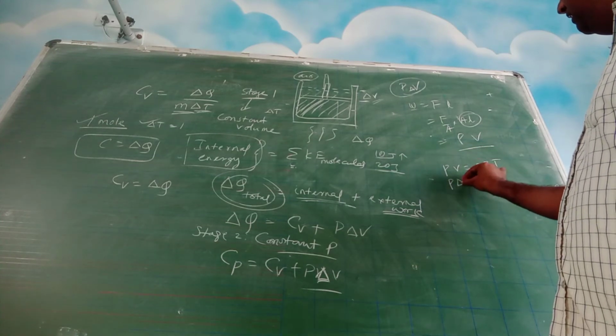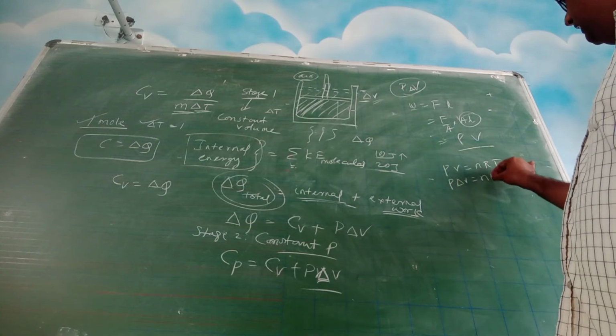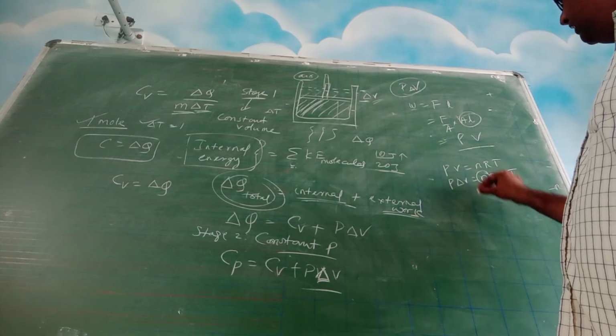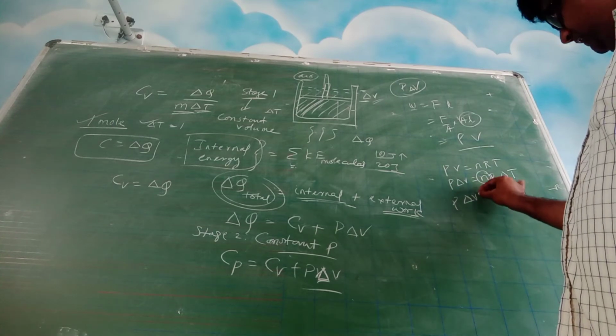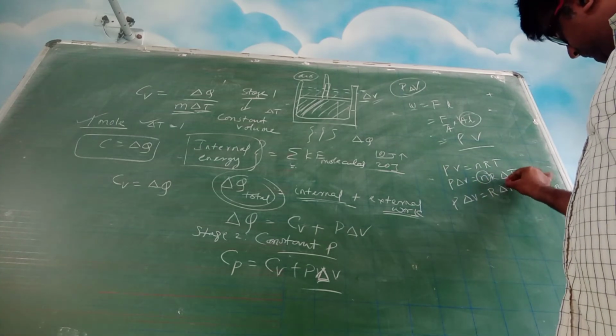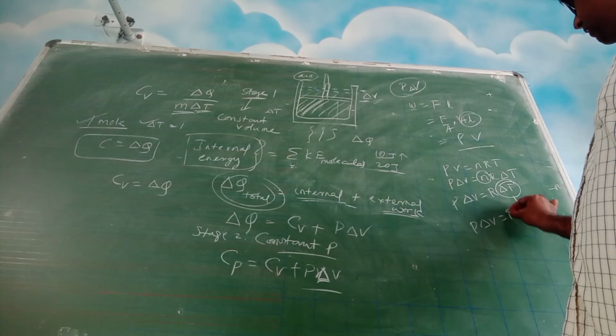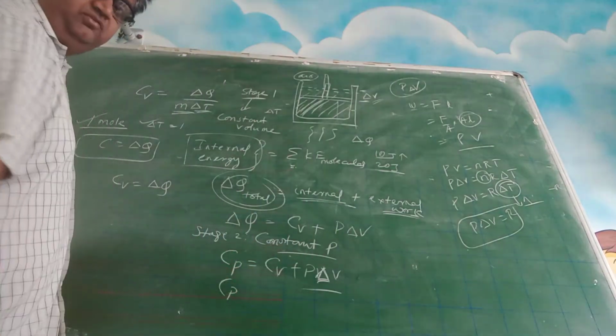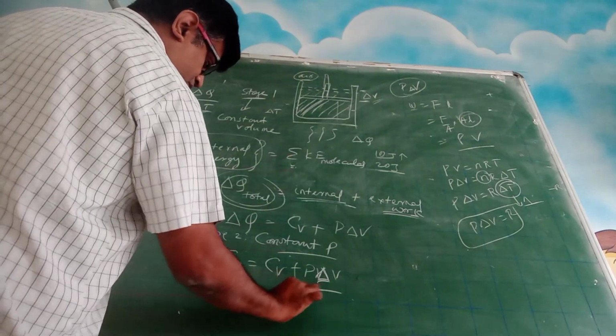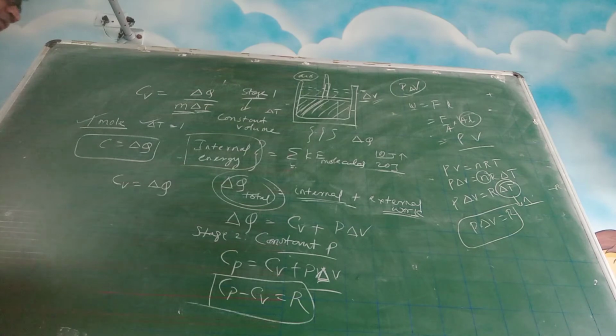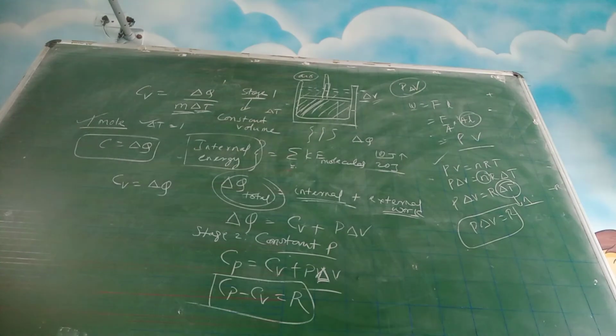I can write P delta V is equal to, because I am using delta V, I will write delta T. Here you are considering 1 mole, so P delta V is equal to R delta T. R delta T is 1, so P delta V becomes equal to R. So from here you are getting Cp minus Cv is equal to R. So this way we are going actually, okay? This is the gas equation I have used.